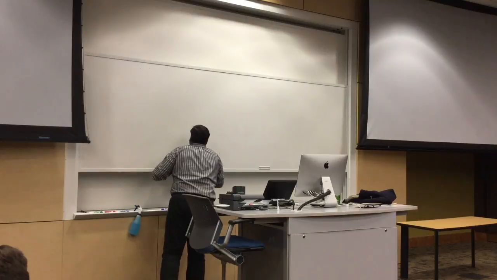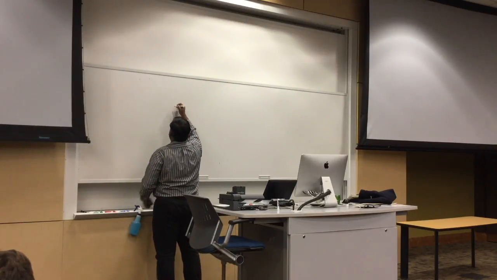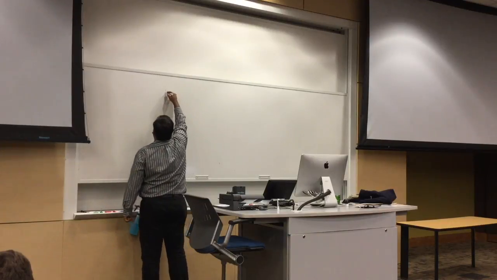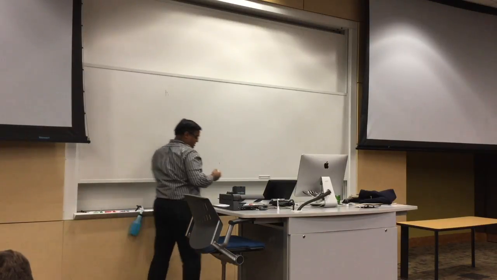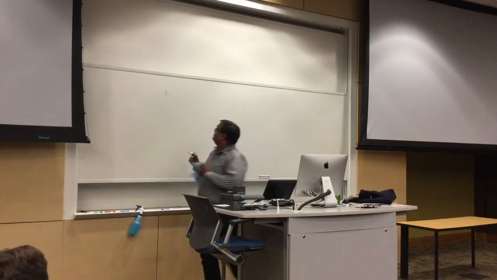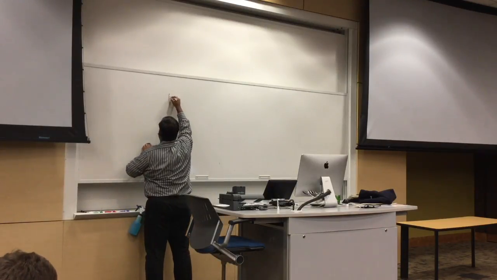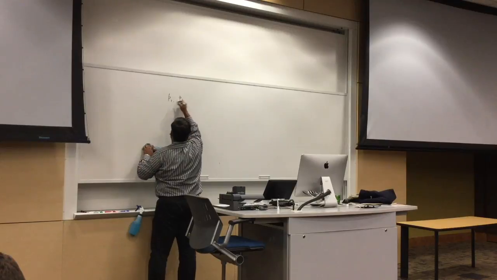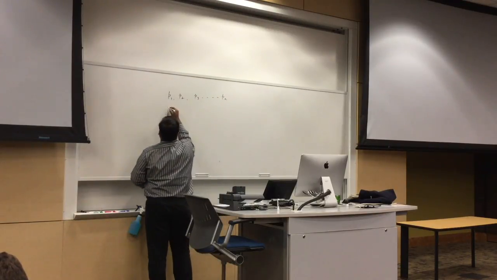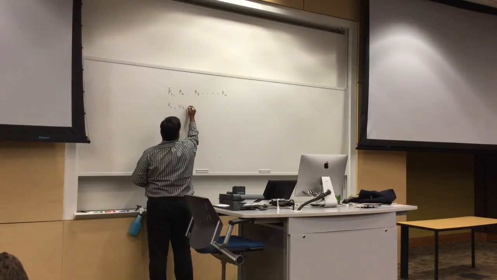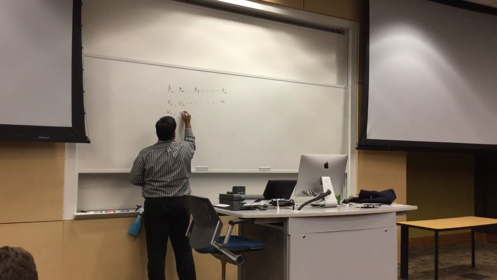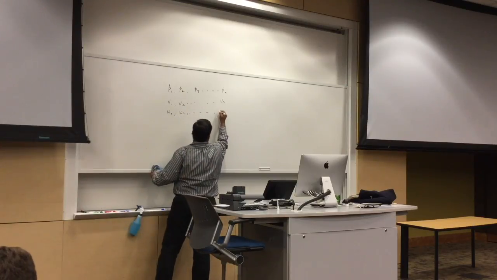So say there are a bunch of items, let's call them P1, P2, P3, say Pn. Each item has a value, V1, V2, Vn, and each item has a weight, W1, W2, Wn.